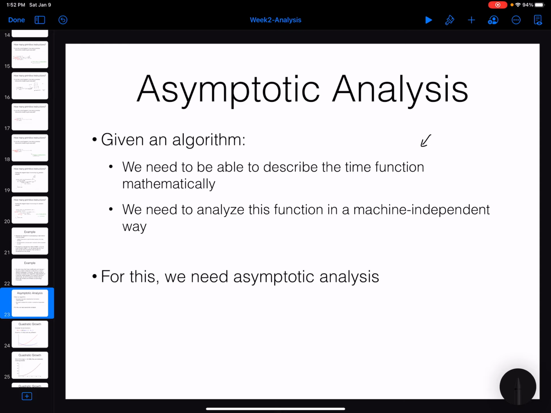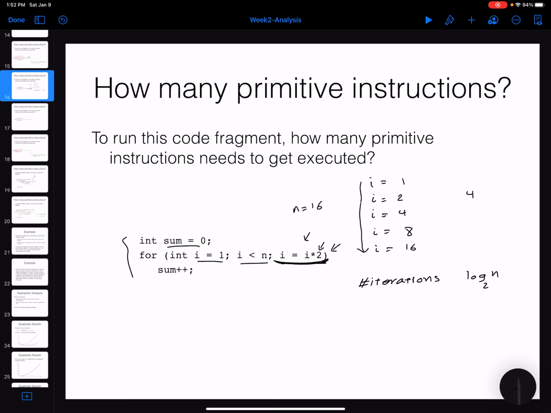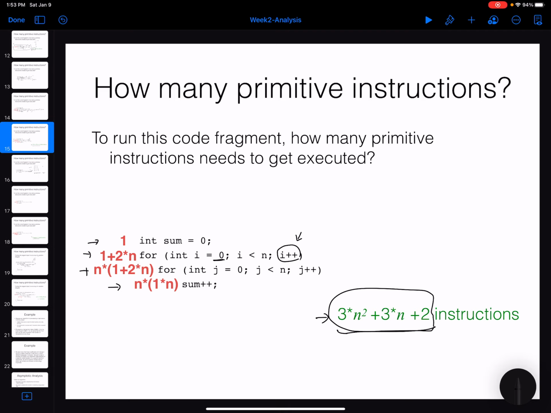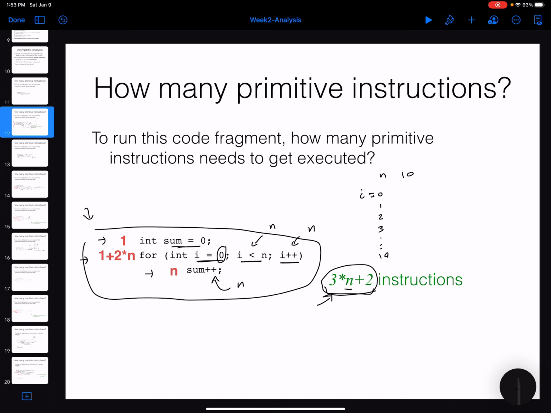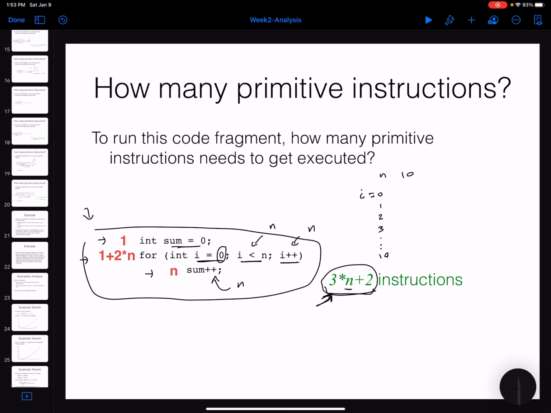Something that is important for me is that, for example, if you have a loop like this one, your time function is going to be logarithmic. If you have a loop like this one, your time is going to be quadratic. When you are discussing a loop like this one, your time function is going to be linear. Okay, so this is something that is important for me, and now you will see why.